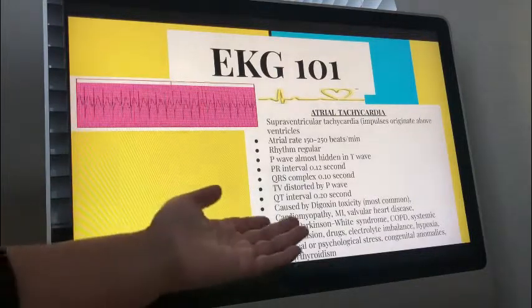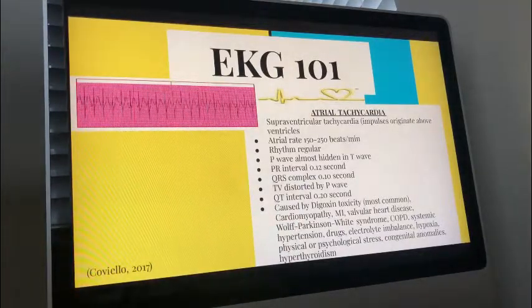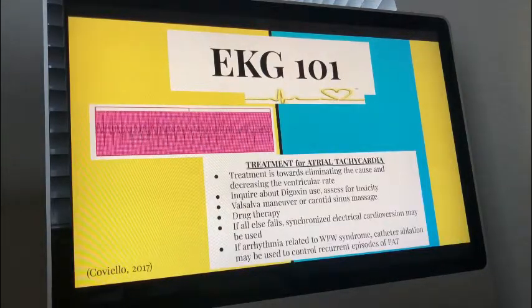It can be caused by digitalis toxicity, which is the most common, and other things which would be on the poster board. The treatment is towards eliminating the cause and decreasing the ventricular rate. You have to inquire about digoxin use and assess for toxicity, teach the patient how to do the Valsalva maneuver to slow the heart rate down, or do the carotid sinus massage.